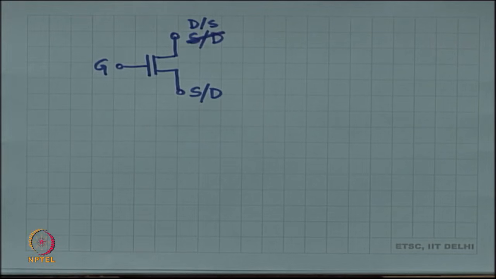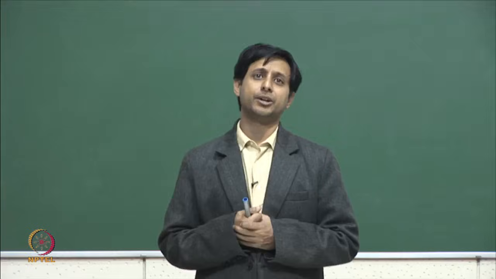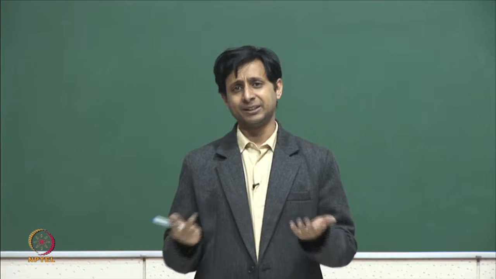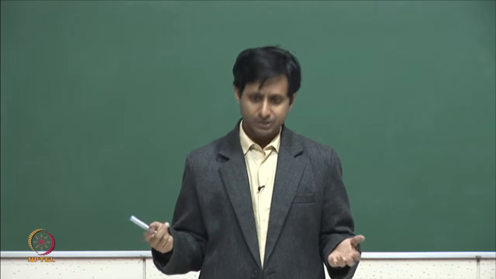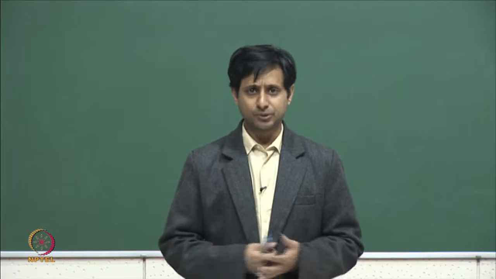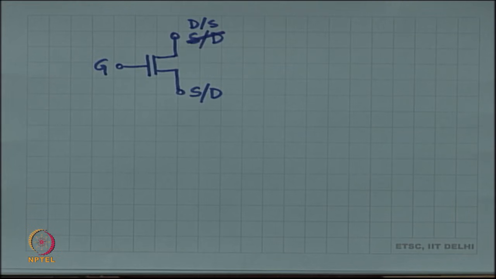Now, when you draw it like this, the MOSFET is probably being used as a switch, okay, and when you are using it as a switch, the switch is either on or it is off. When the switch is on, it does not matter which is source, which is drain, and when the switch is off, it still does not matter which is source, which is drain. Okay. Either the switch is on, so it is a short circuit, or it is an open circuit.